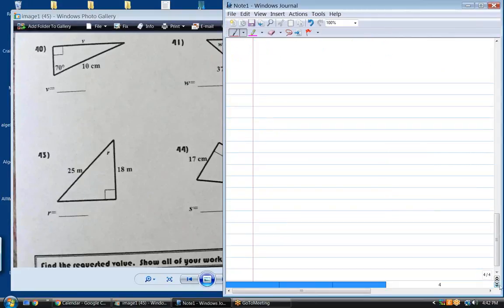Okay, what's our equation going to be in 40? Which trig function relates 70 degrees to that side and this side? Sine 70 equals v over 10.